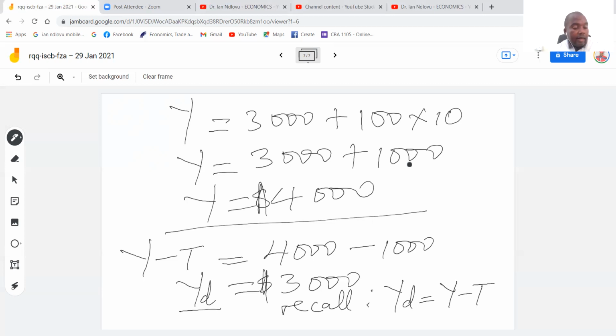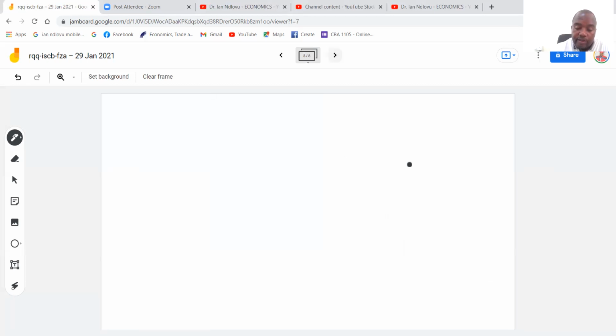And then our next part is to calculate the short-run equilibrium level of household consumption expenditure at the equilibrium level of national income. We are given that aggregate consumption for households in this simple economy is 0.8 times Y minus T, which is our disposable income.